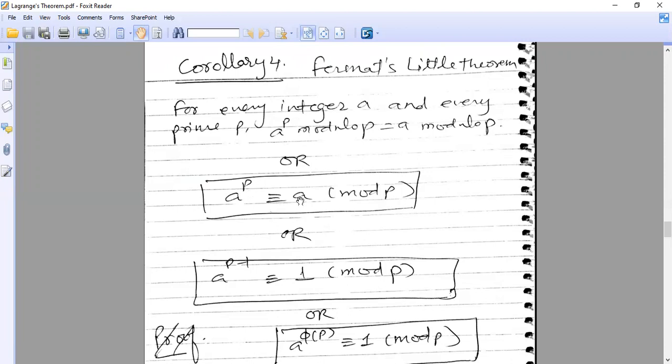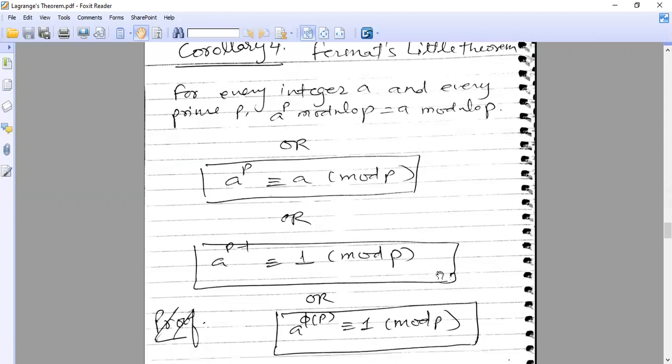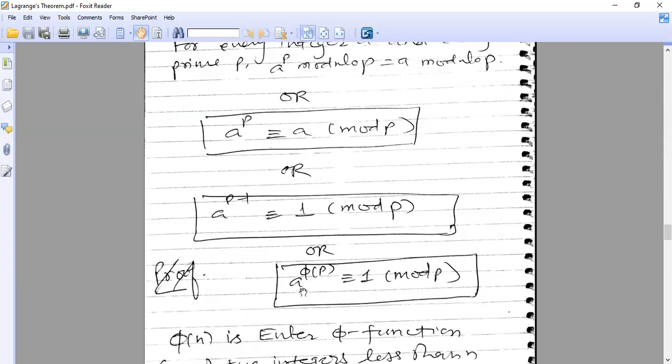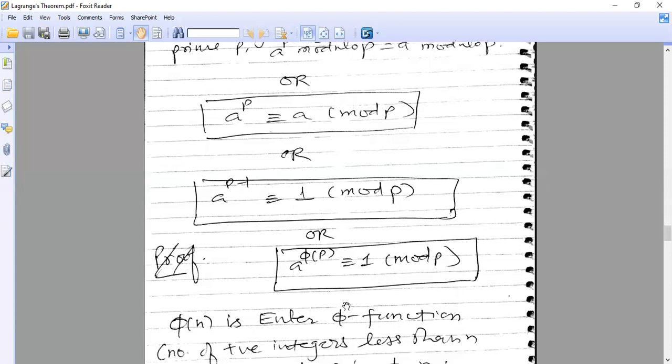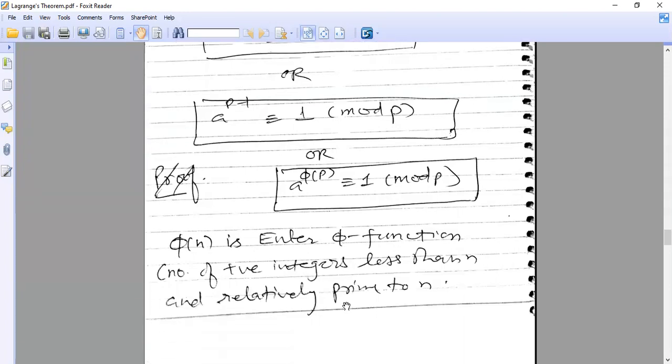Or if we take this a to the left hand side, then this becomes a to the power p minus 1 is congruent to 1 modulo p. Or you can say that a to the power phi p, and you know what phi n is. We have already seen the definition of this function. This is a number theoretic function, the Euler phi function, defined like this: phi n is equal to the number of positive integers less than n and relatively prime to n.